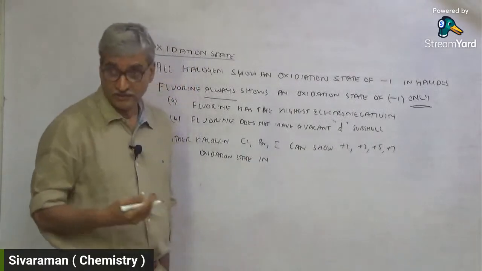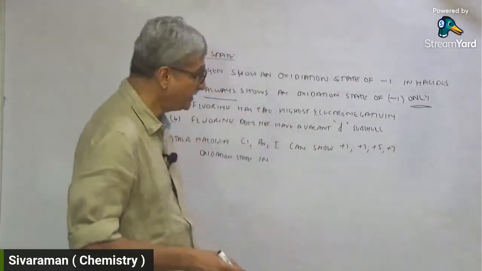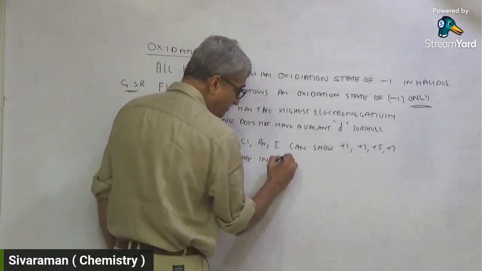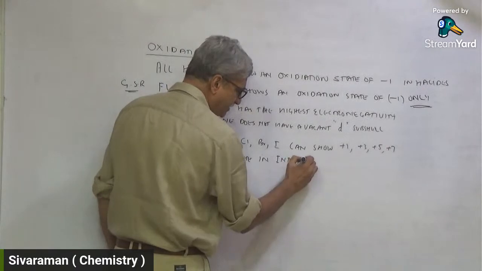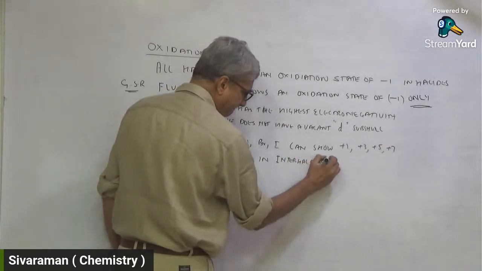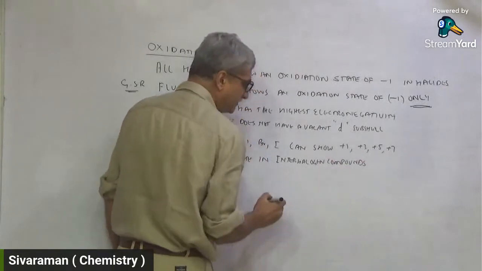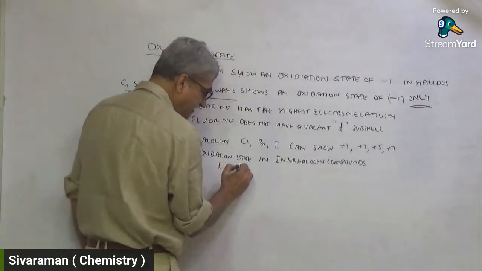So now they are showing a positive oxidation state. They can show positive oxidation state in, first of all, interhalogen compounds and oxides.